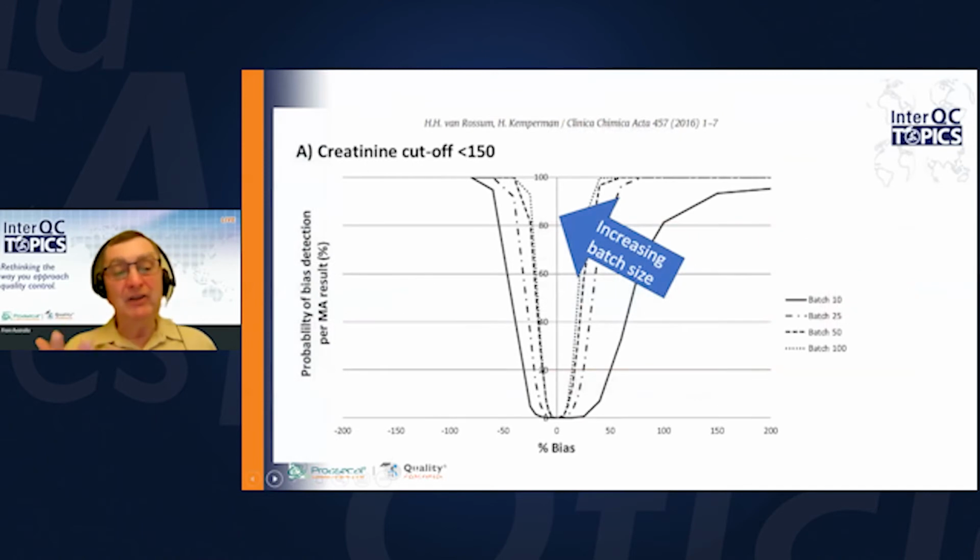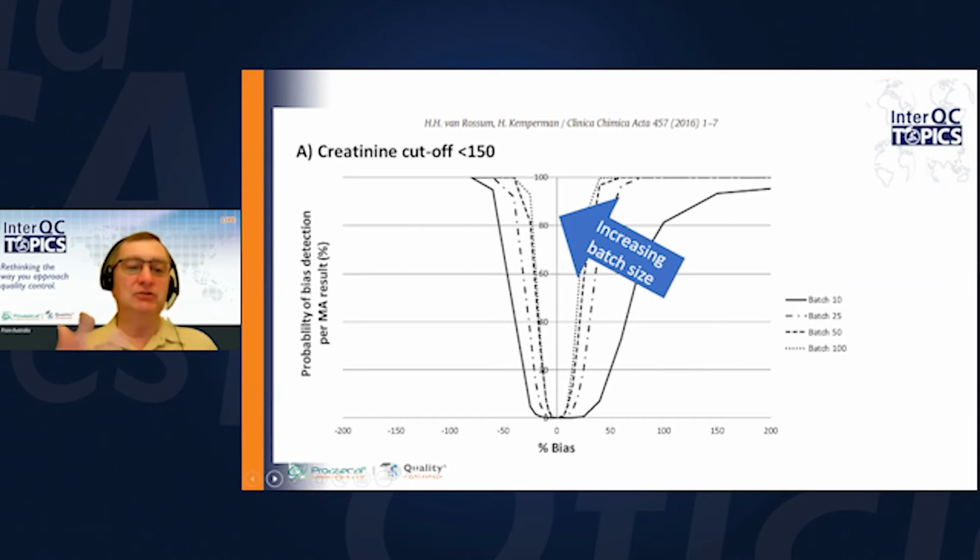So the way that you optimize this: with conventional QC, we all follow the power function curves, and we use that to optimize the frequency and what rules we should use. With patient-based real-time QC, the sorts of things that you optimize are the truncation limits, where you cut off your high and low values.